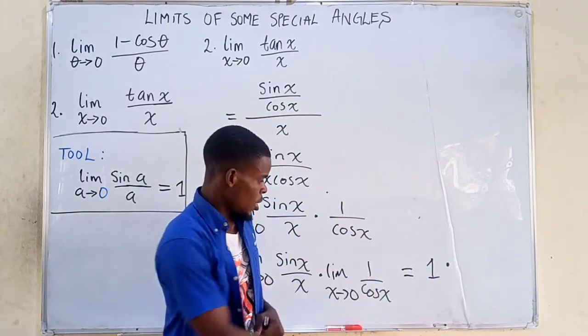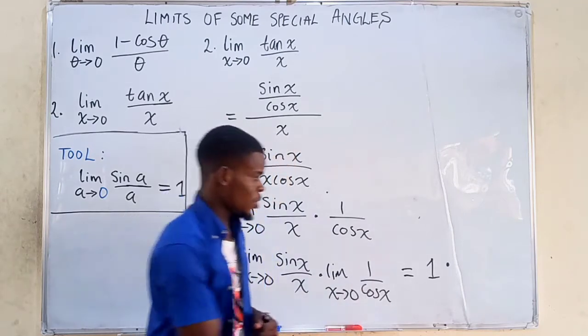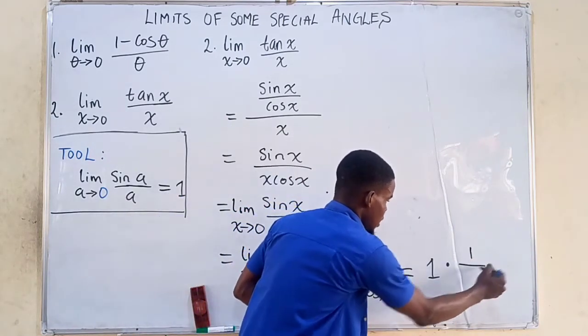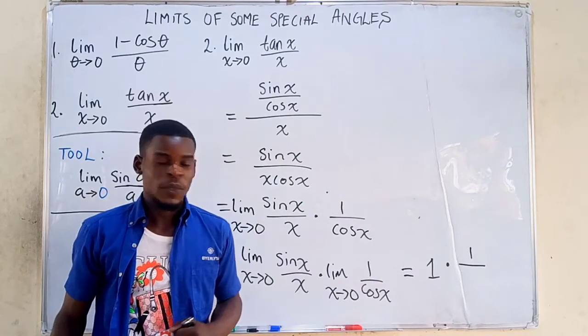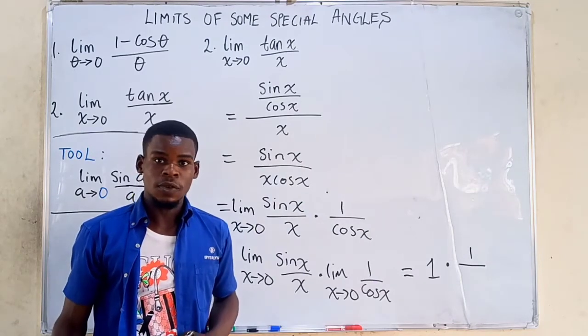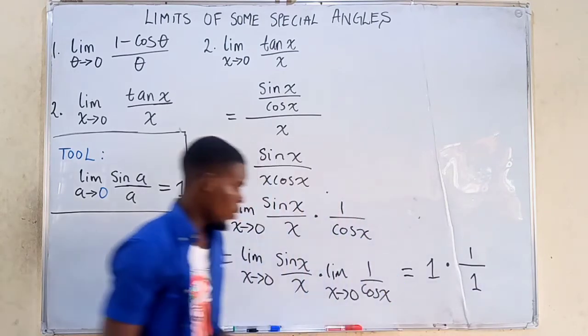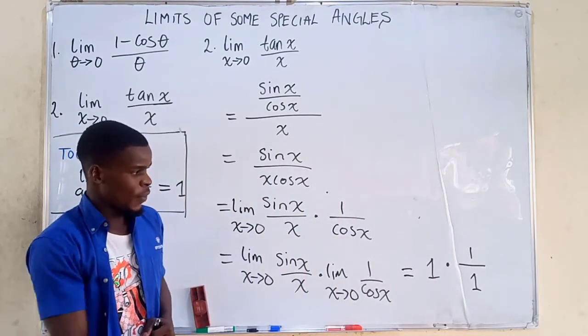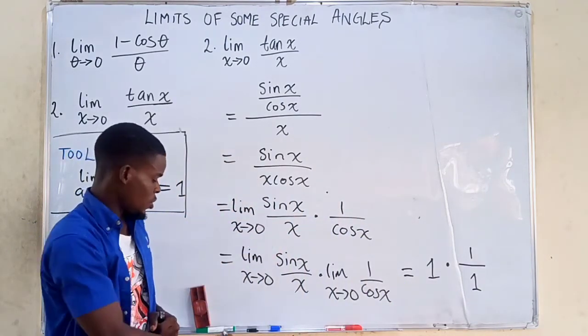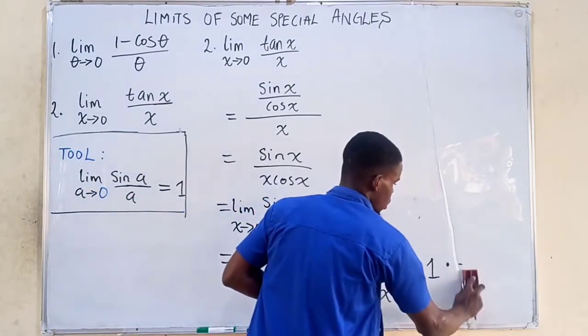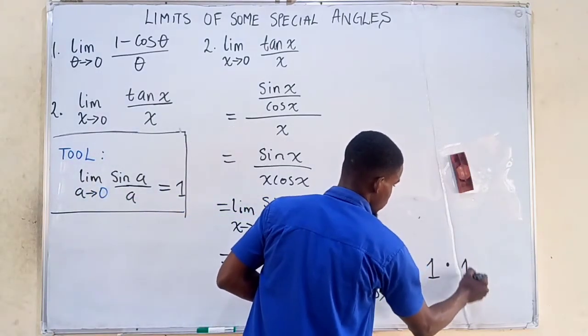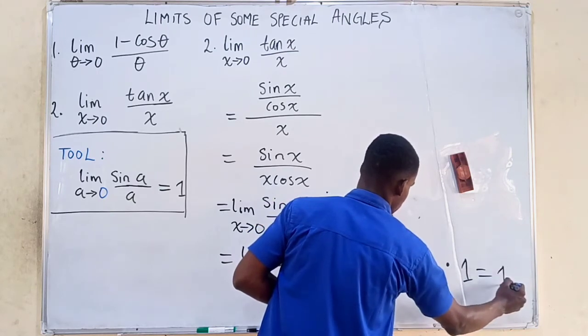The numerator is just a constant, so we can just put that constant there, and the denominator is cosine of x, which tends to 1. So all in all, we end up with 1 times 1, which is just 1.